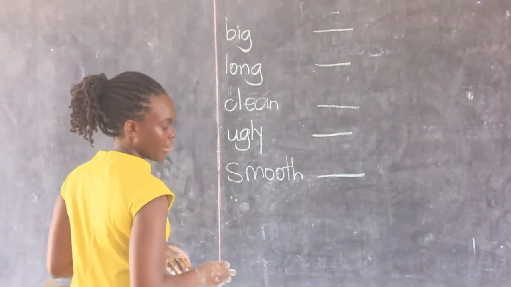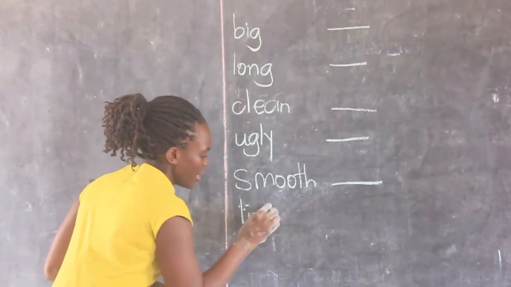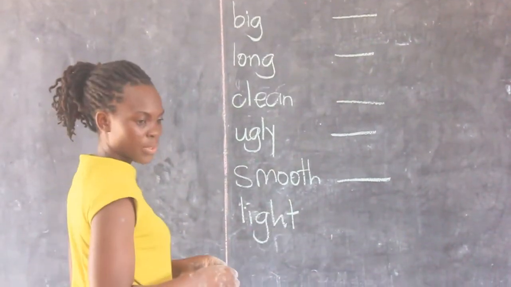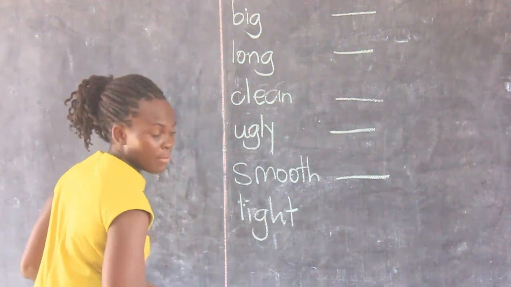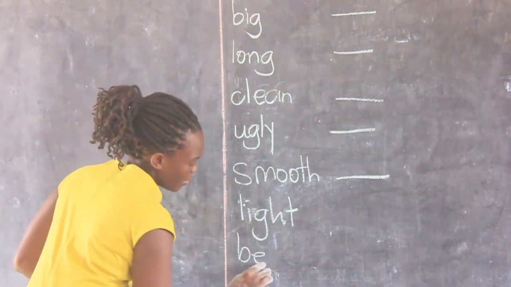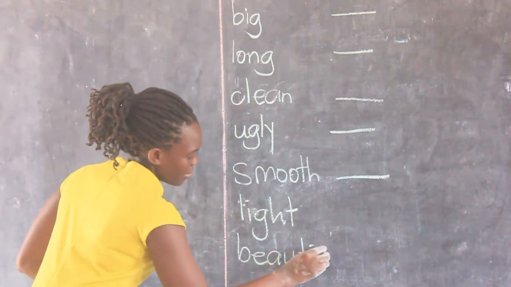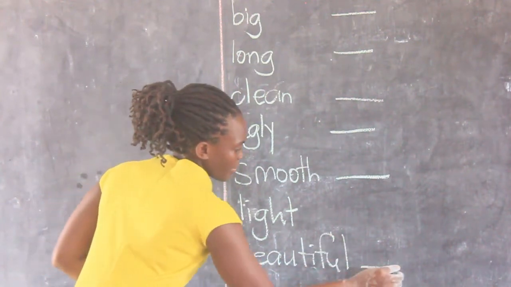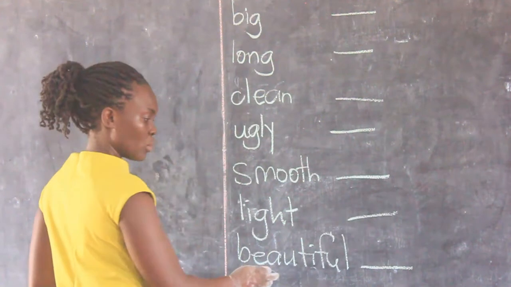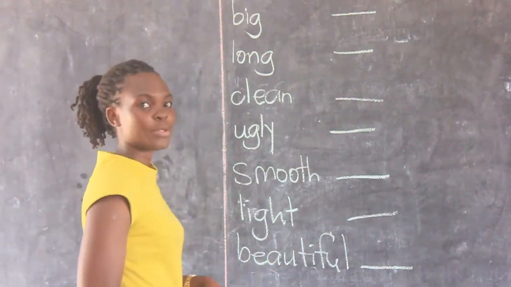And I have light. Put the opposite of light. I have beautiful. Yeah, this might look like a repetition, but give me the opposite of beautiful.